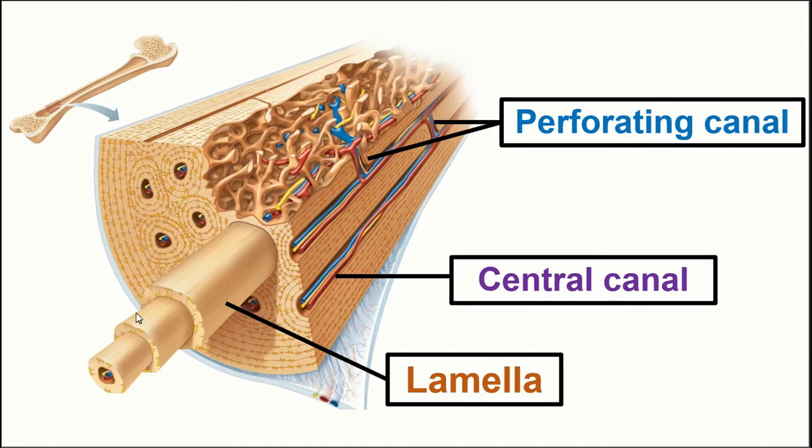This image here also gives us a much better view of the pillar-like structures that are the lamella. I've described lamella before as pillar-like rings of bone that are nested within one another, kind of like a telescope, essentially. Except in living bone tissue, of course, this does not expand out in any way.